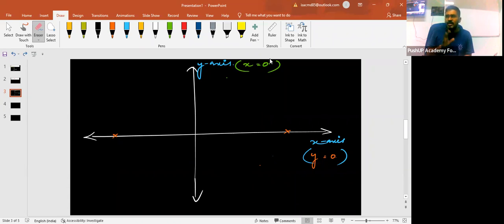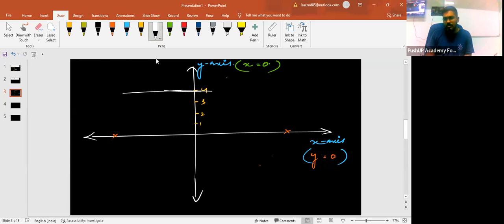Now, if you have understood this part, let me teach you something related to this. Imagine I draw a line. Imagine, children, this is point 1, this is point 2, this is point 3, this is point 4. Okay, I am going to draw a line passing through point 4 and parallel to the x-axis.